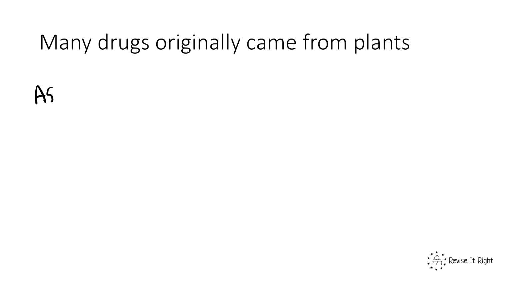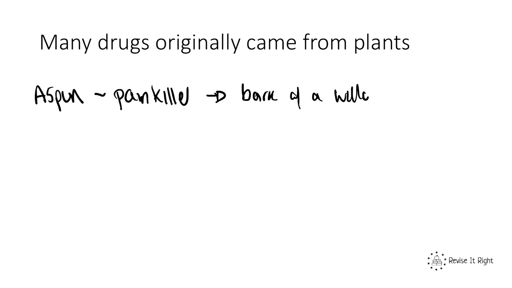So for example, aspirin. Okay, now you may or may not have heard of the drug aspirin before, but it's actually a painkiller. Okay. And it also lowers the level of fever. And it was developed from a chemical found on the bark of a willow tree.